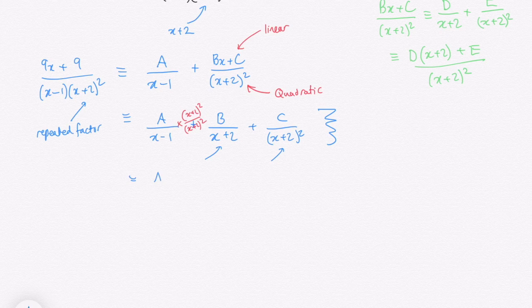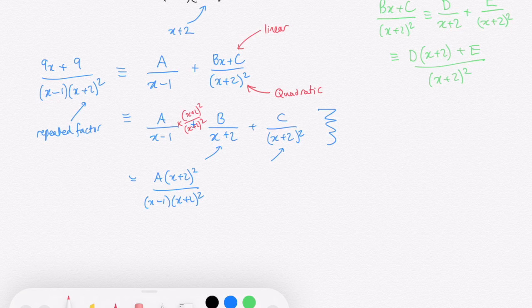So we get a lots of x plus 2 all squared over x minus 1, x plus 2 all squared. This next fraction, we need to multiply the numerator and the denominator by x plus 2 and x minus 1.